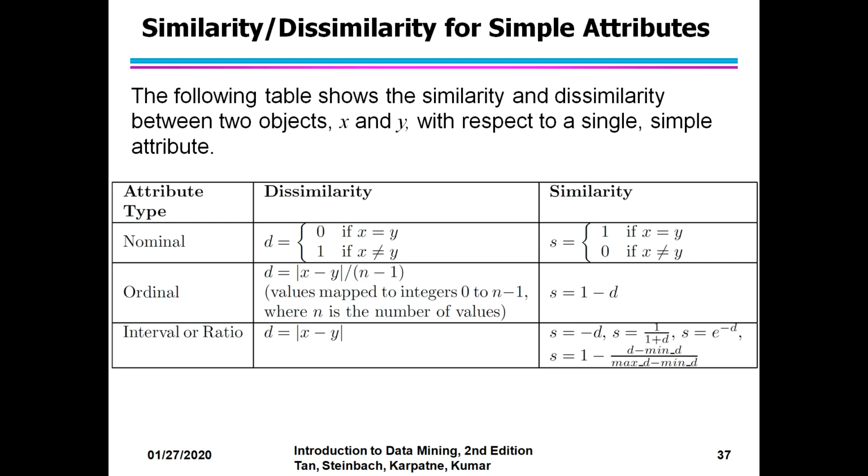For interval or ratio, dissimilarity is d is equal to the absolute value of x minus y, whereas similarity is s is equal to minus d, or s is equal to 1 by 1 plus d, or s is equal to e raised to minus d, or s is equal to 1 minus d minus minimum of d, divided by maximum of d minus minimum of d.